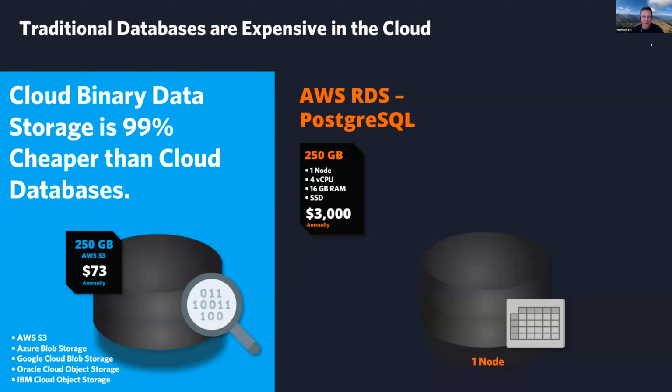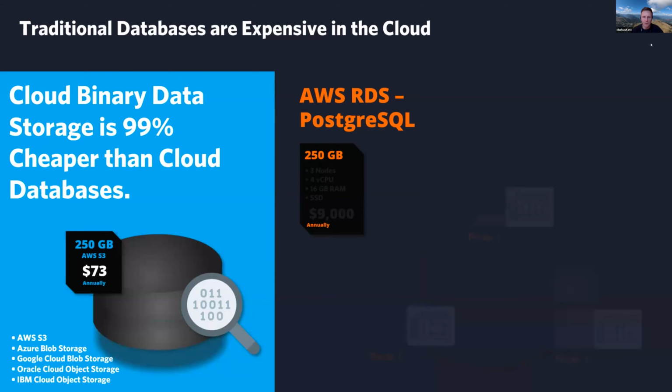And databases are very expensive in the cloud. Here's an example: AWS PostgreSQL as a service. It depends on the machine you use. For instance, if you have a 4 CPU machine with 16 GB memory, it costs around $3,000 per year, depending on the configuration of your server.